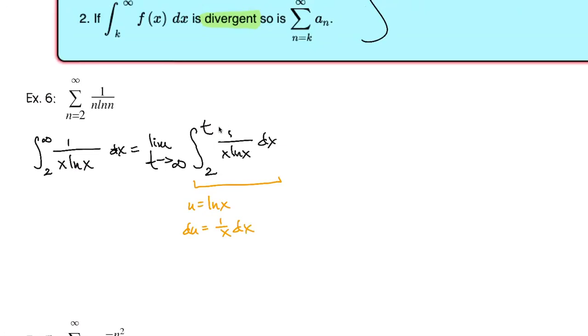It's like a very sneaky u sub because everything is in the denominator. So I think sometimes we overthink that, but we can take care of that x in the denominator just by doing u sub. So we'll get the limit as t approaches infinity of the integral of 1 over u du.